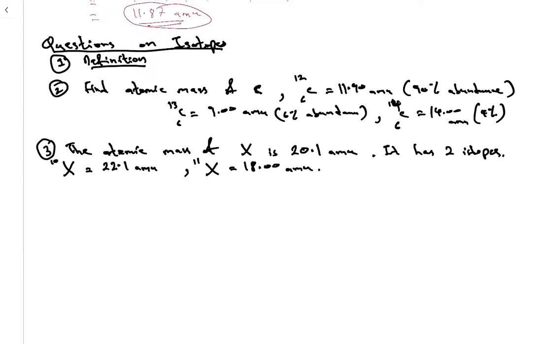So what is the abundance of the isotope with a mass number of 10?